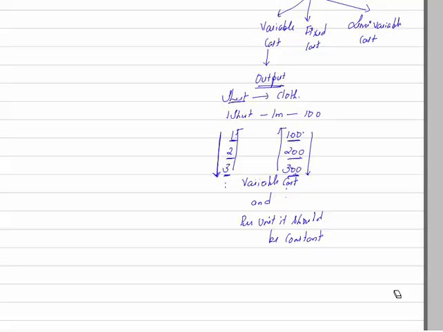So per unit it is again 100 rupees. So variable cost means those costs which are going to change according to output, and per unit it should be constant. Next, fixed cost. Fixed cost means those costs which are not going to change according to output.